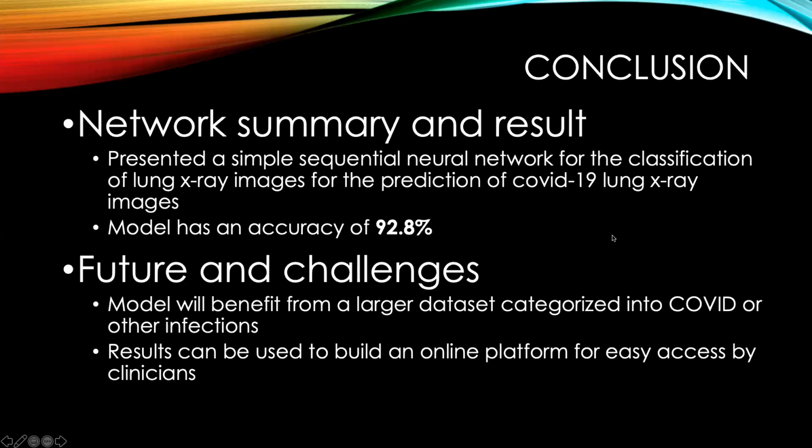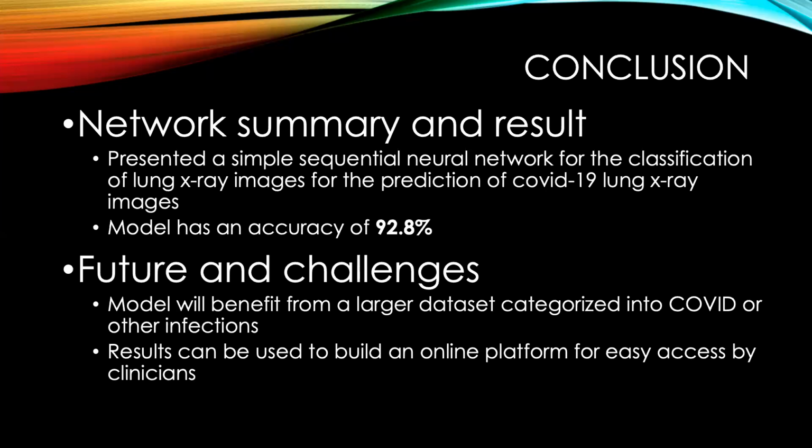So in all, what I can say is this sequential convolutional neural network did what it was supposed to do, with an accuracy of 92.8, and was able to predict really well. But there were just a few challenges here.